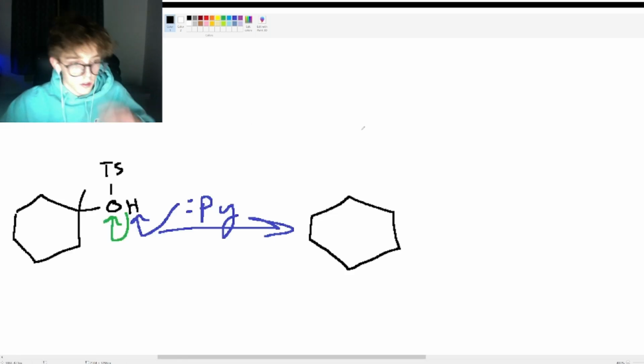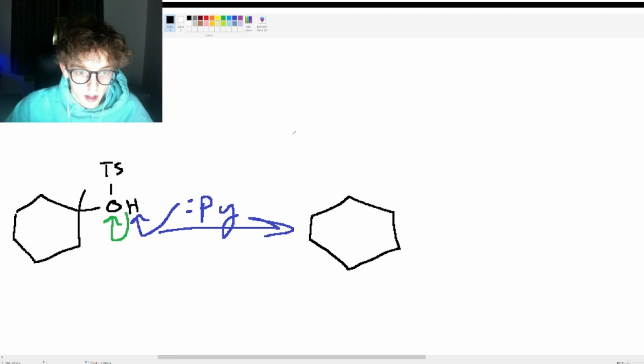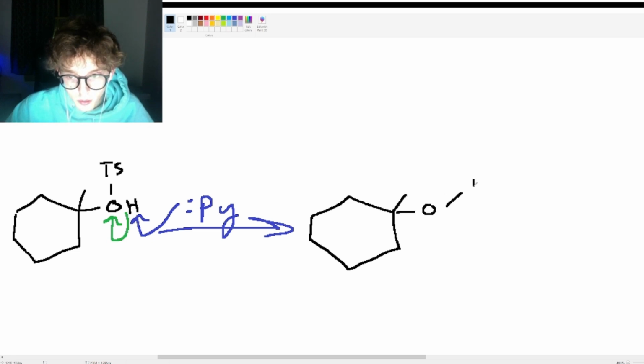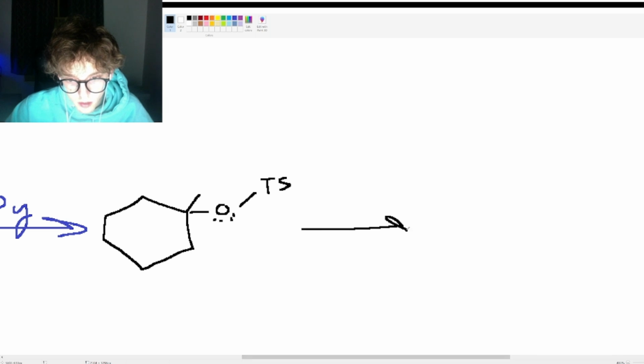So now we can use a base like an ethoxide or any oxide. Really any base would work here, but it has to be strong enough to do elimination. So we have our OTs. Okay, and for our elimination to occur, let's just say we have ethoxide, right?